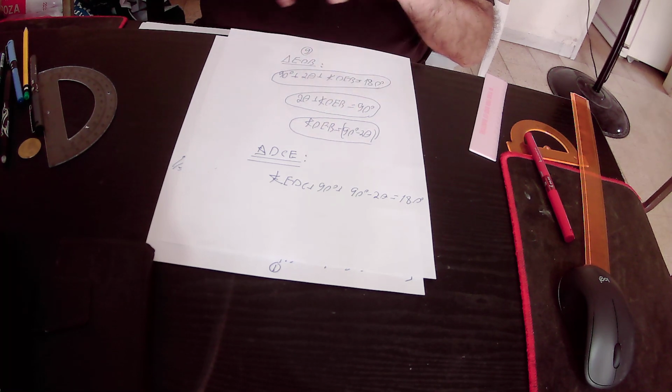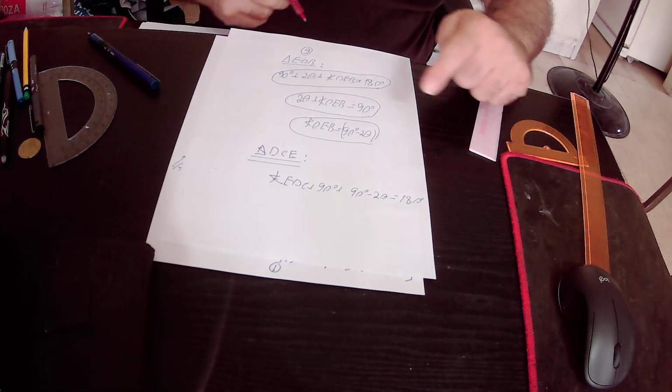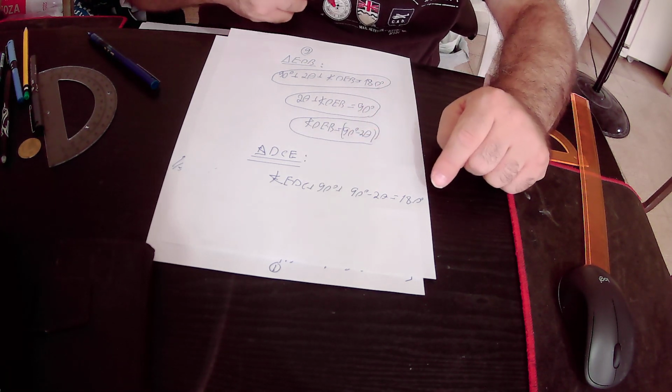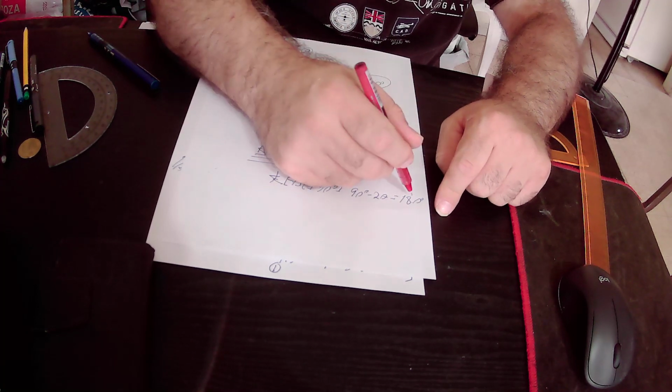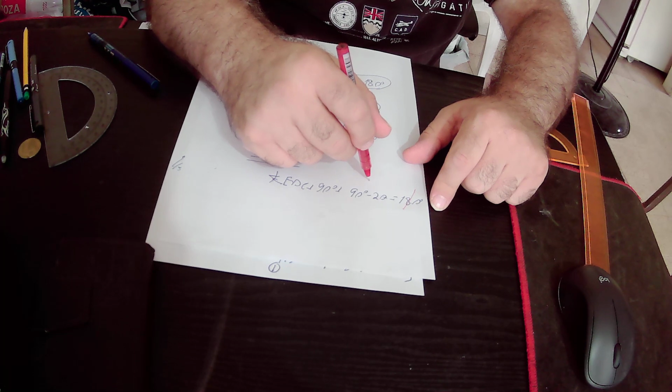Okay, so here we have 90 degrees plus 90 degrees, which is 180 degrees, on this side of the equality, and we have 180 degrees on the other side of the equality, so we can cancel 180 degrees because we have them on both sides.